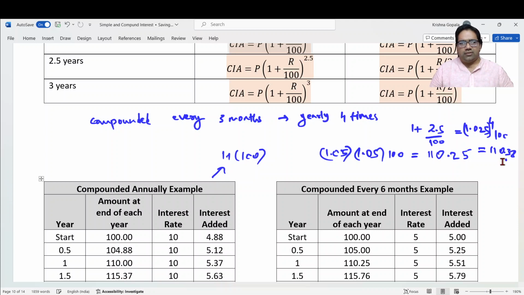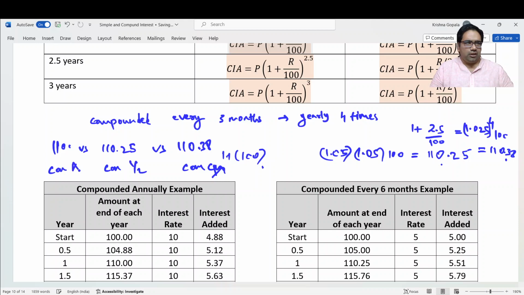See, 110.38 is higher than this, which is higher than this. 110 versus 110.25 versus 110.38. This is compounded quarterly. This is compounded half yearly. This is compounded annually. Understood, right?